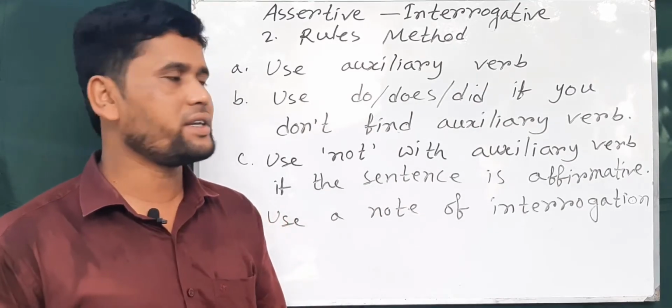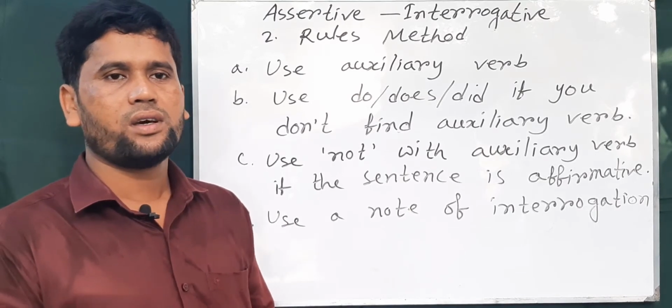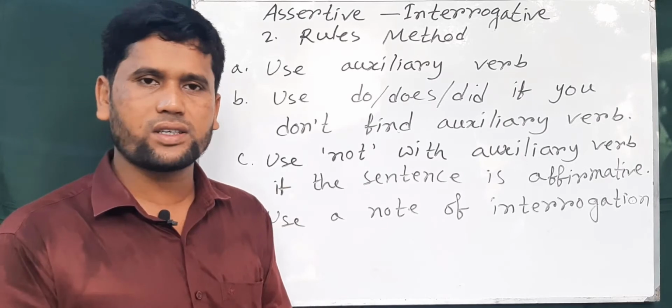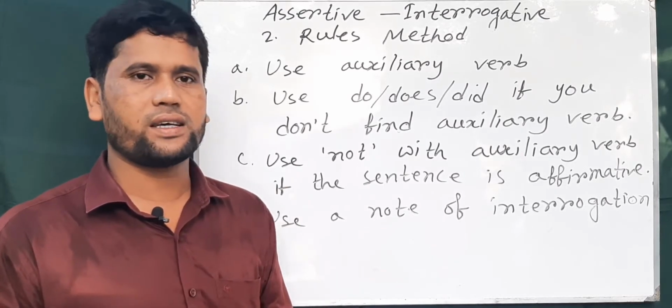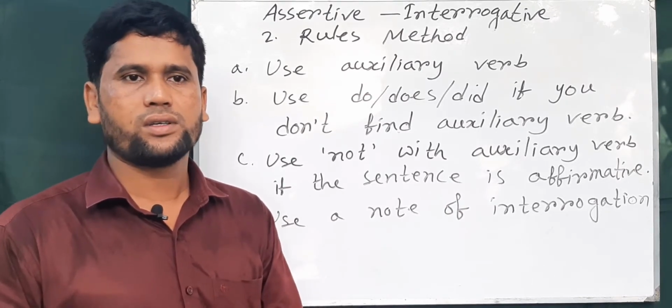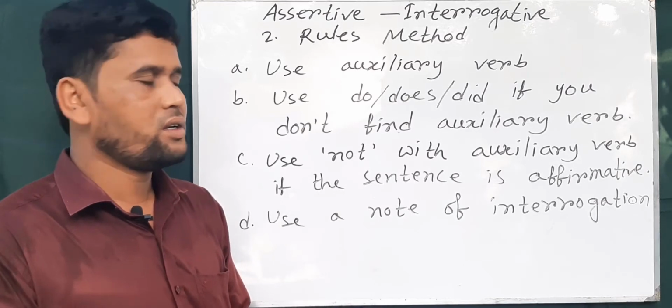But if you write it in a contracted way, then you can use auxiliary verb plus not. Then it is not necessary to use before or after the subject, noun or pronoun. So we always try to write in a contracted way.